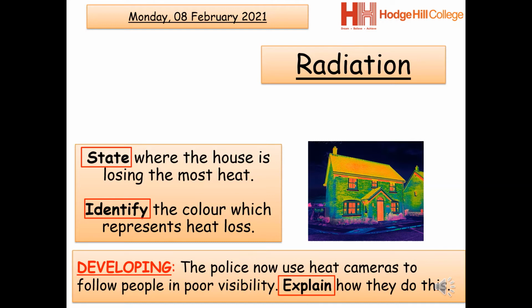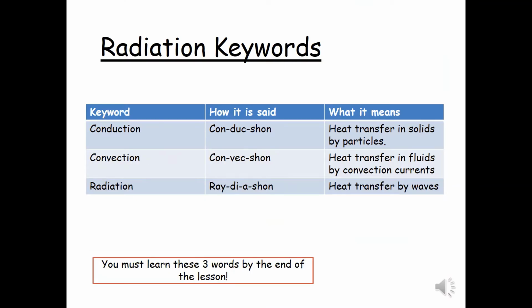Well, they can use an infrared gun that is pointed at the individual and the person's heat signatures will be highlighted. So even if you can't see the person physically, you can see them by their heat signature. The keywords that we're focusing on today are conduction, convection, and radiation.